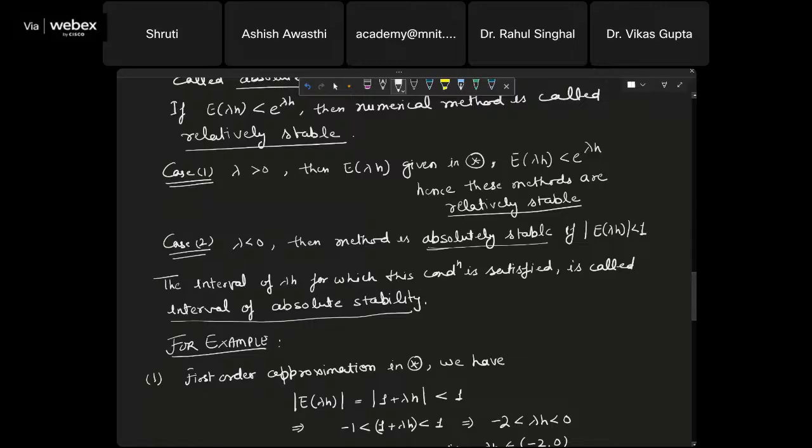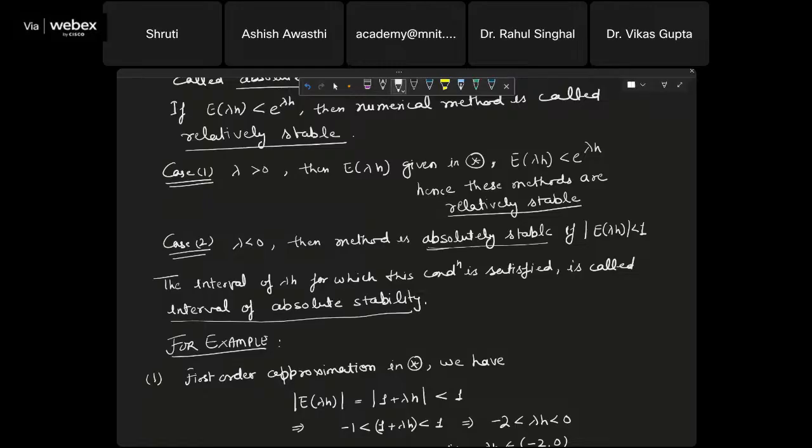In this case, whatever interval for lambda h we obtain by substituting this, for that interval we can say that the method is going to be absolutely stable, and this interval is known as the interval of absolute stability. Through an example we can understand it.